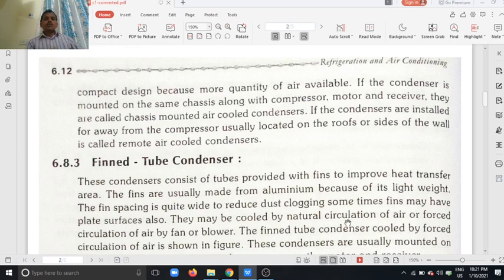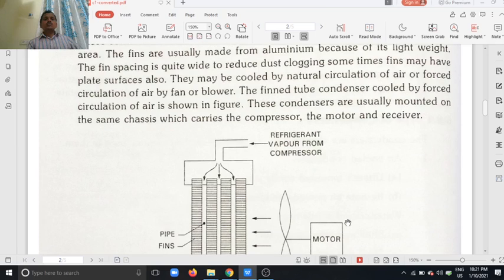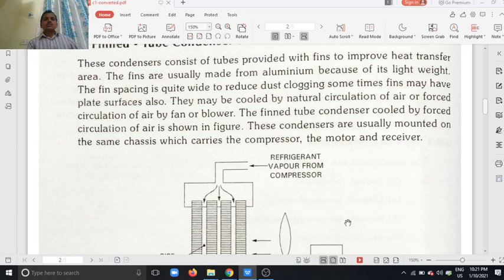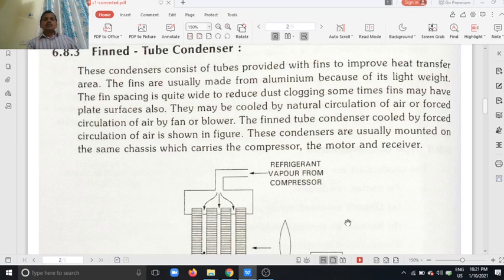Now, air cooled finned tube condensers. Finned means the fins are mounted on the tubes. The main function of the fins on the tube is to increase the area of cross section to dissipate more heat from the refrigerant.